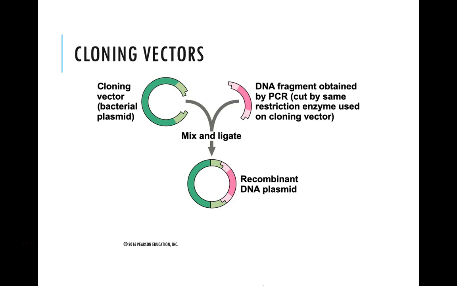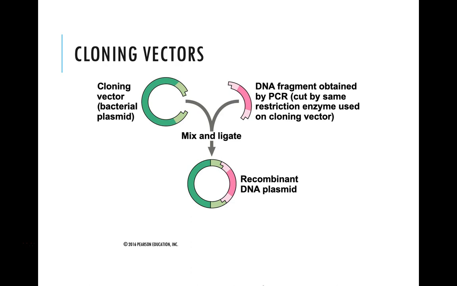So after that, you have your DNA fragment that you have produced or copied via PCR. Both your bacterial plasmid and your PCR DNA have sticky ends from restriction digest. And you are going to mix them together and allow them to stick to one another.